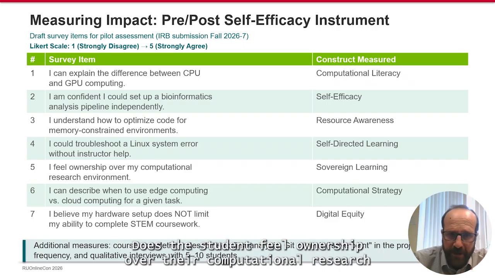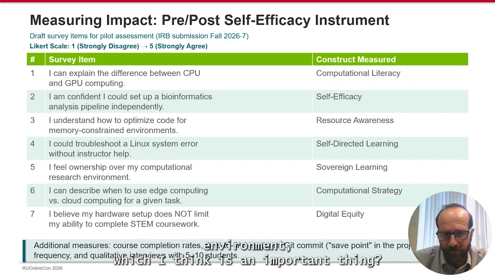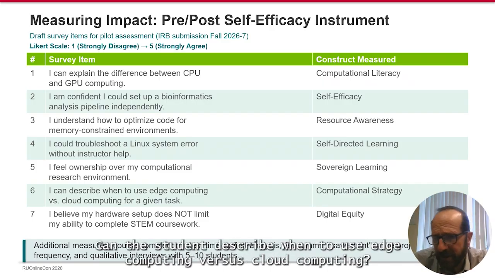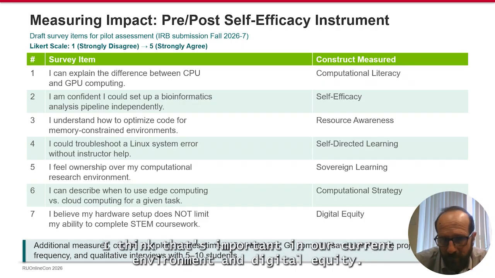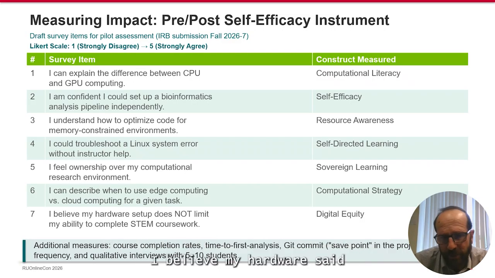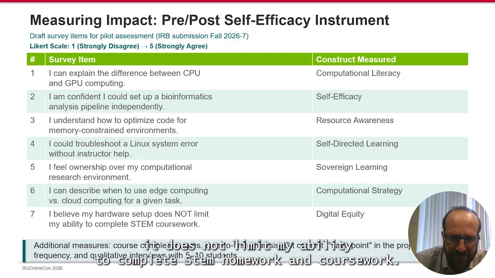Does the student feel ownership over their computational research environment, which I think is an important thing. And computational strategy. Can the student describe when to use edge computing versus cloud computing for a given task? I think that's important in our current environment. And digital equity. I believe my hardware setup does not limit my ability to complete STEM homework and coursework.